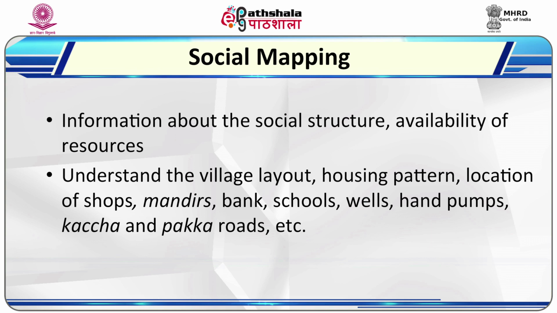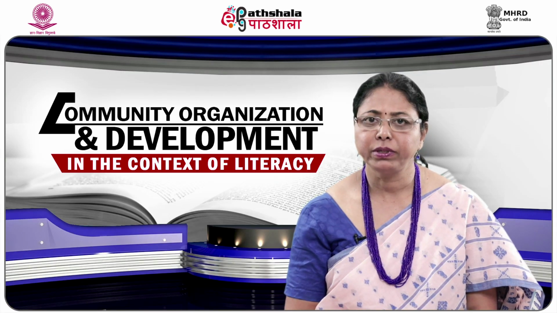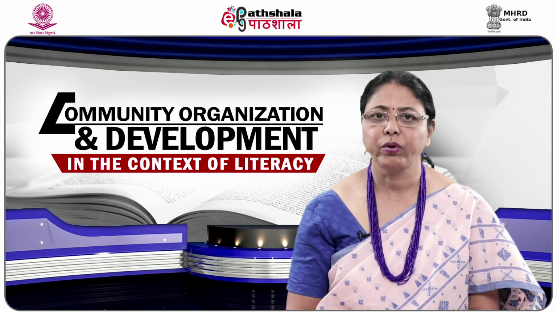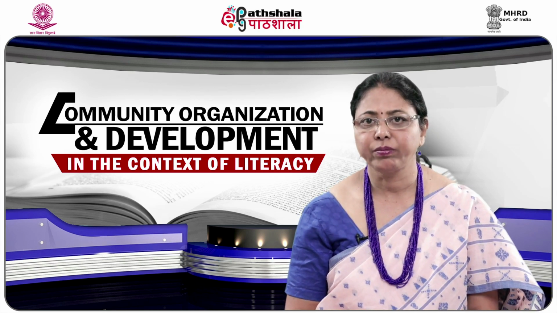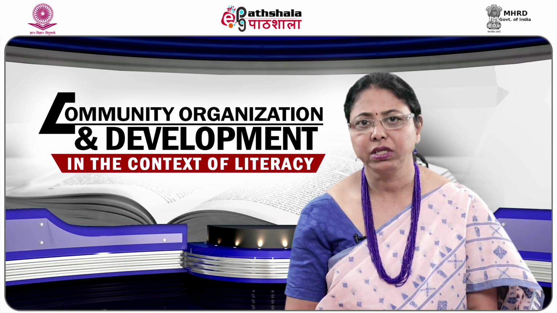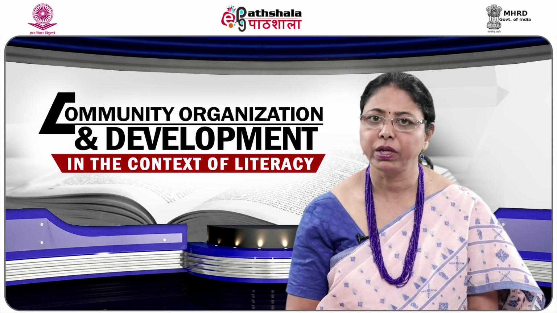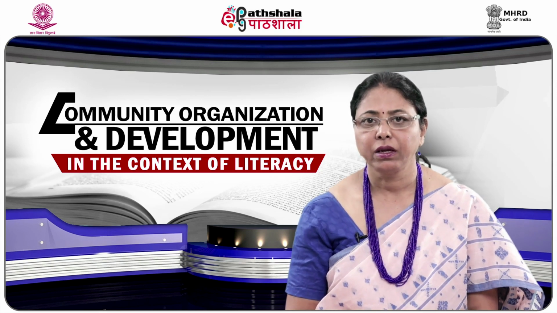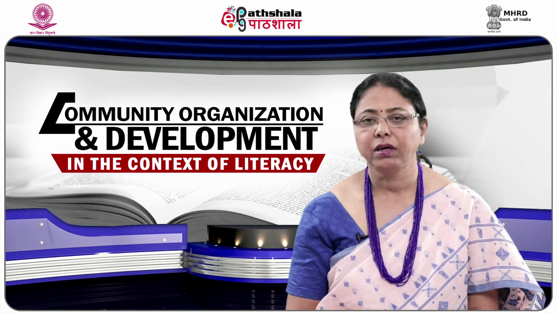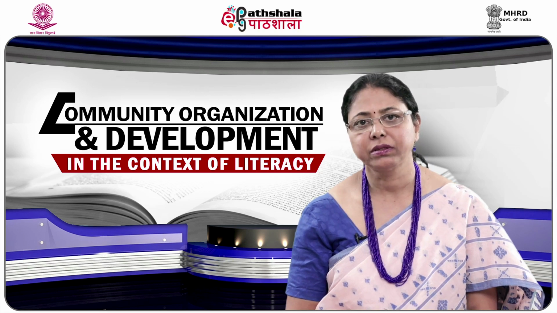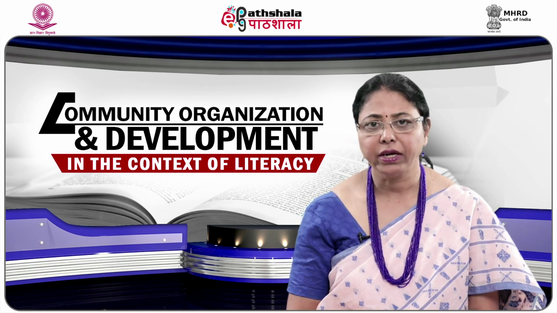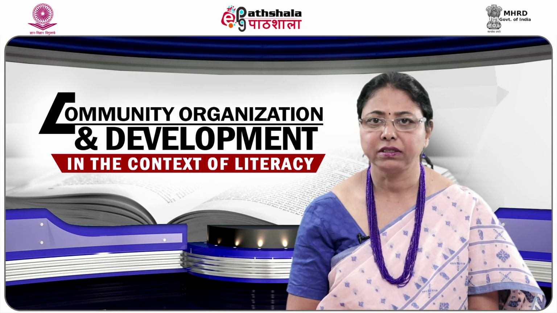One can understand the village layout, housing pattern, location of shops, mandirs, banks, schools, wells and pumps, kacha or pakka road, etc. Once the base map is ready, it is possible to provide or mark different types of information on it. This includes information related to the number of family members in each family, number of families having animals, number of families with illiterate members, their health status, land holding, economic status, etc.